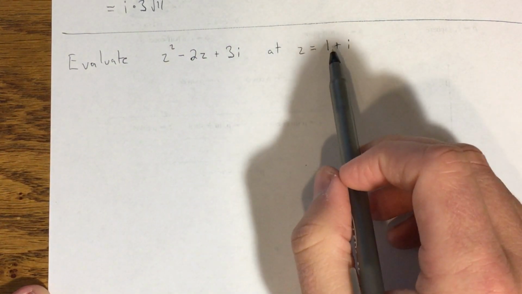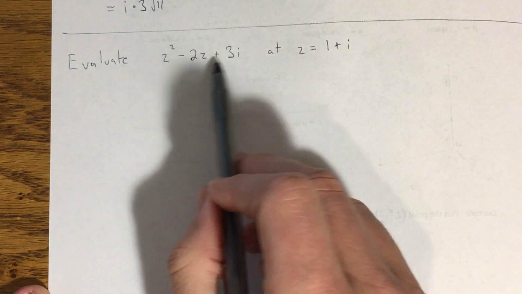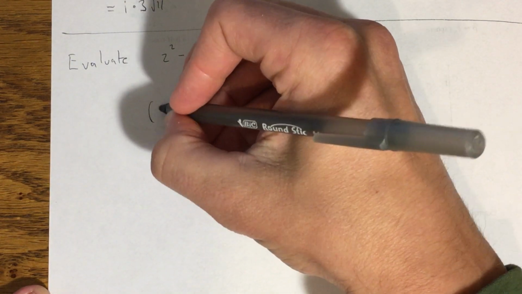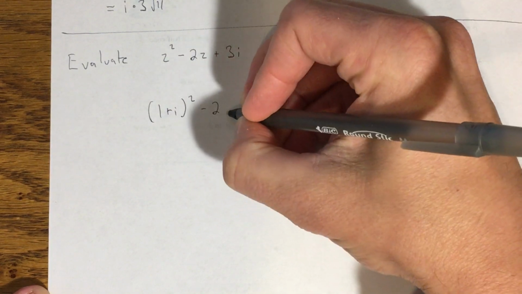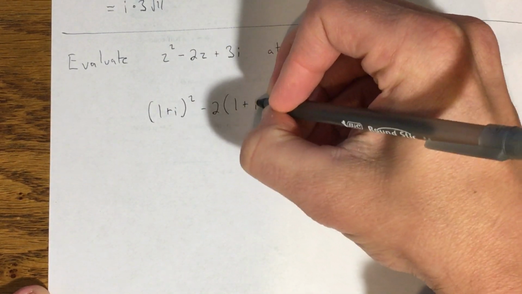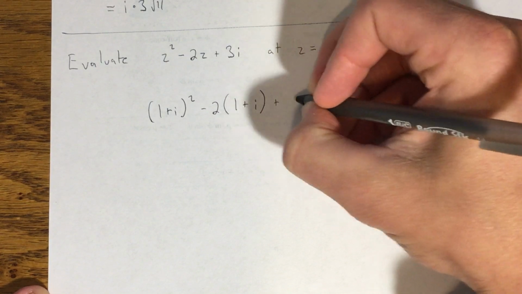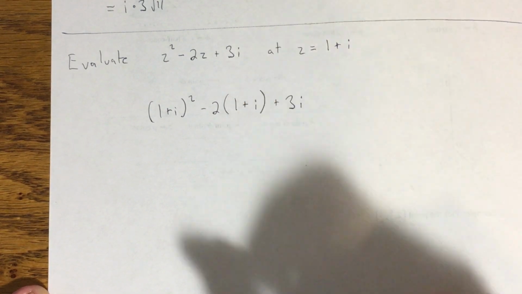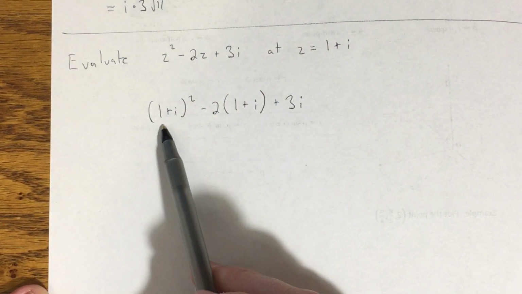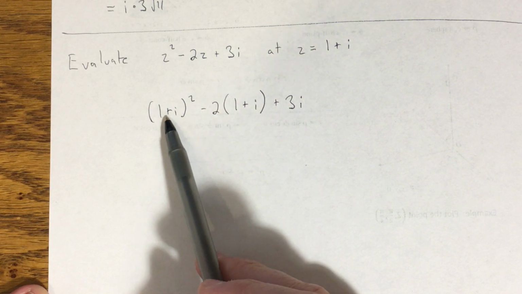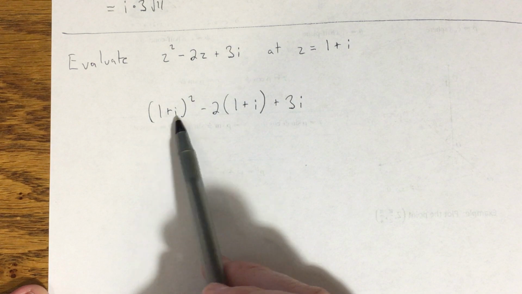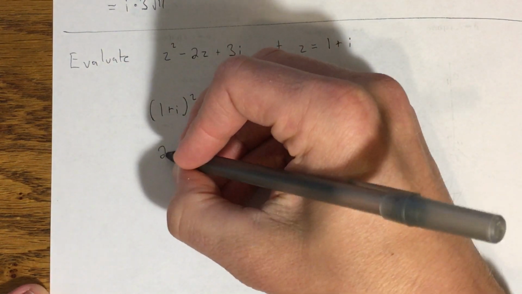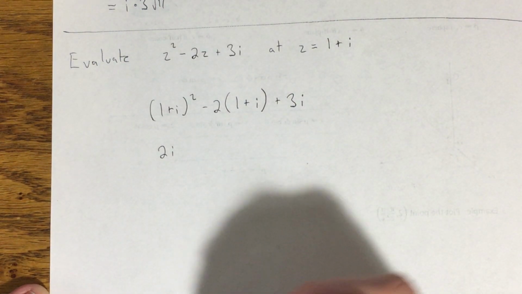So if I were to do that, I'm plugging 1 plus i in for all of the z's here. This becomes 1 plus i squared minus 2 times 1 plus i plus 3i. Okay. 1 plus i, you expand that out and multiply. We actually did this one already in a previous example. When we did this, it came out to 2i after simplifying everything down completely.